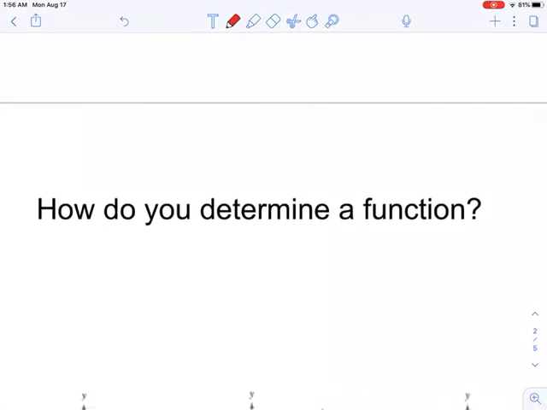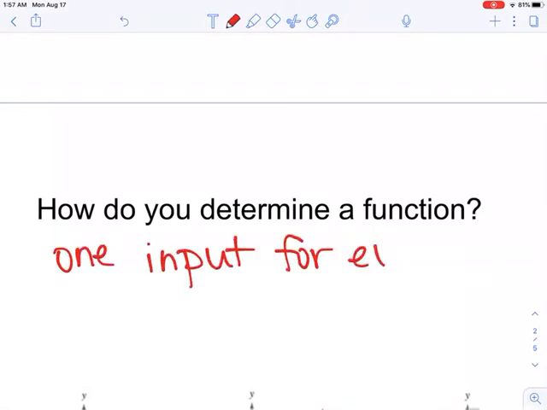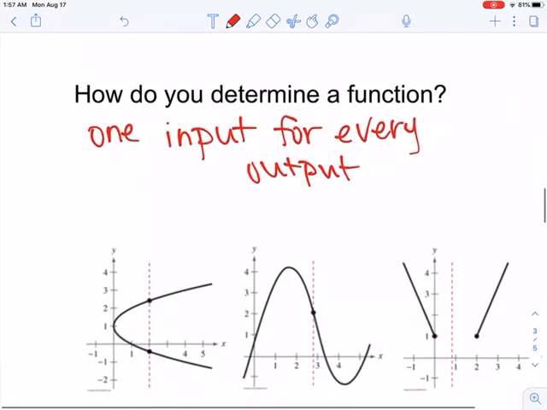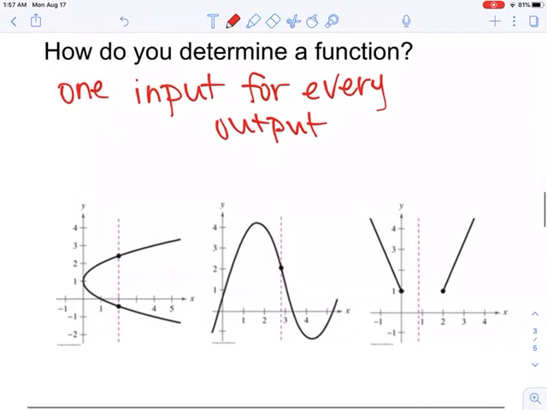Let's remember how we determine a function. This is something we spoke about the other day with our 1.4 packet. Remember, a function means one output for every input, which means graphically we use the vertical line test to determine if we have a function.